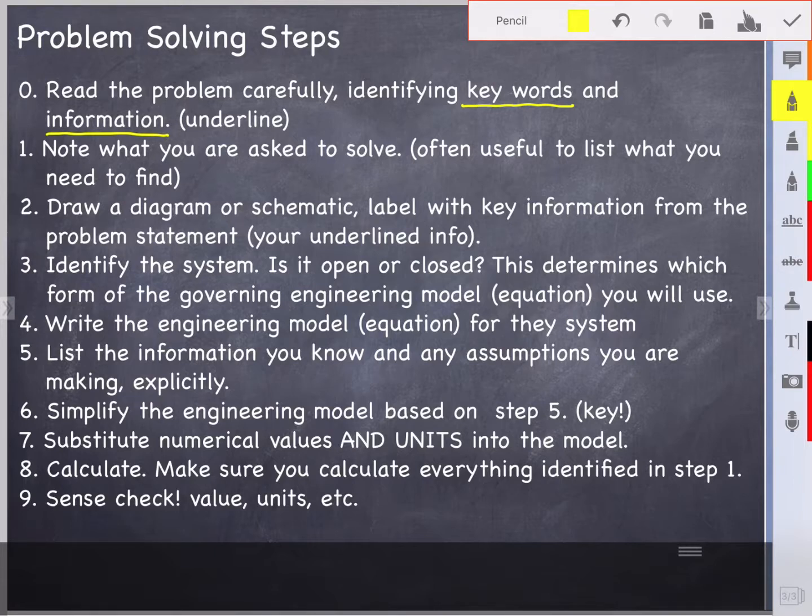In step 4, you're going to write the key engineering model or models that you will use to solve the problem. And in step 5, you're going to explicitly make a list of the assumptions that you're making or properties that you're going to put into the equation written in 4. Step 6 is to simplify the engineering model based on 5.